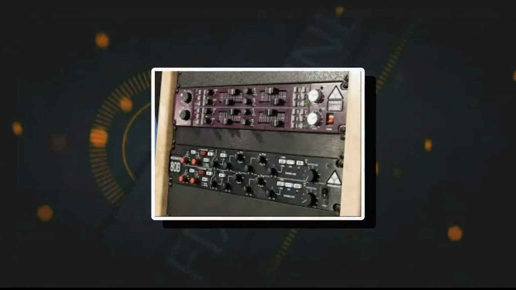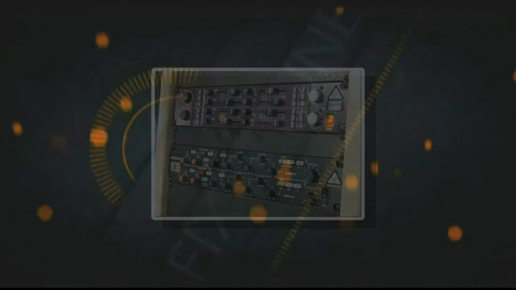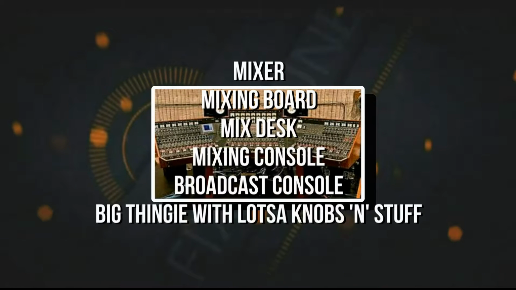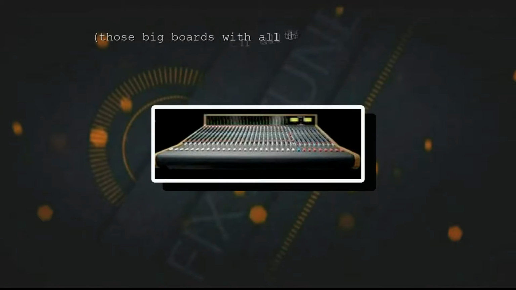First of all, console EQs usually are found in line in a single channel all across a recording console, a mixing console, a mixing desk, whatever you want to call it, those big boards with all the faders on them.